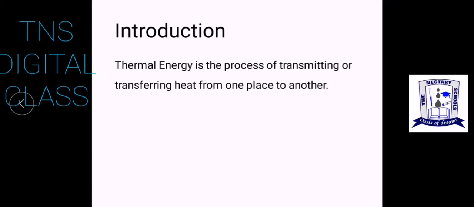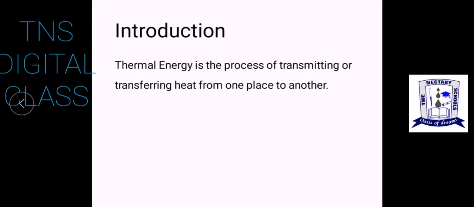First, let's talk about the definition of thermal energy. Thermal energy is the process of transmitting or transferring heat from one place to another. Like we said, thermal is anything that is relating to heat.